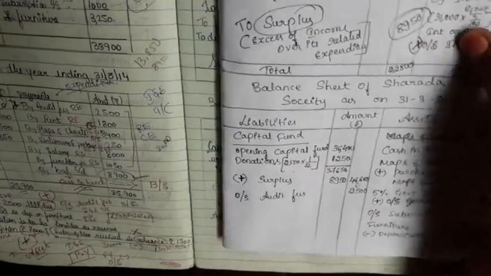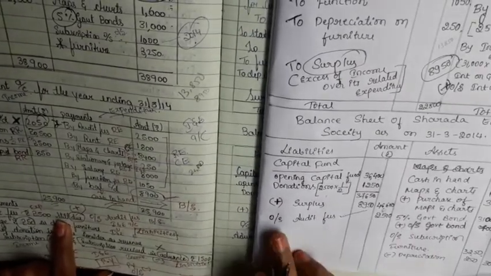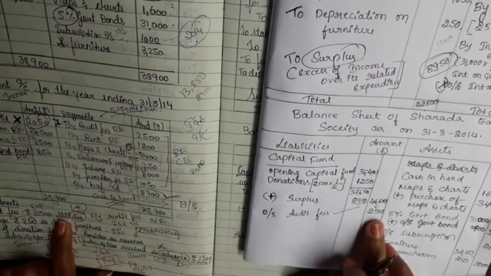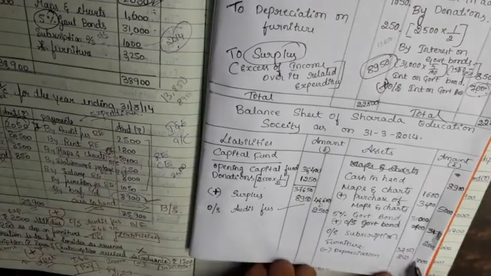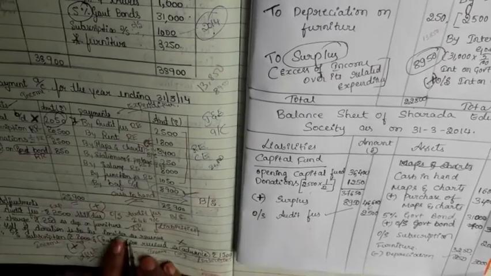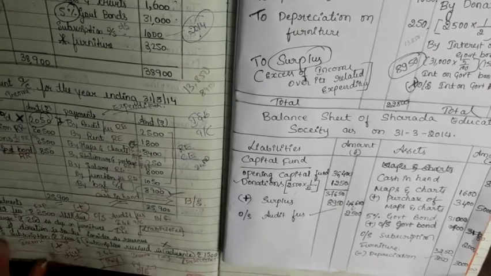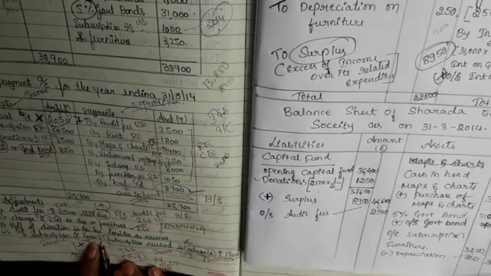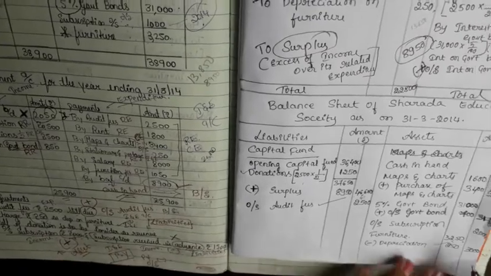Let us check the adjustments once. Audit fees outstanding, we have taken outstanding audit fees rupees 2,500. Depreciation deducted from the furniture, it is also over. Half of the donation is considered as revenue, the remaining half is considered as capital fund. Outstanding subscription 2,000, it is income, so we have written it on the asset side.